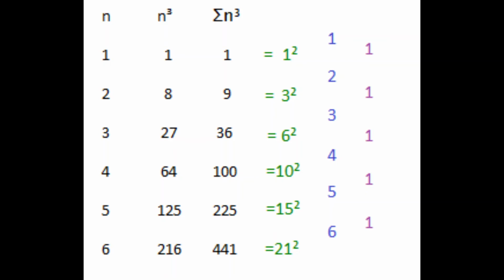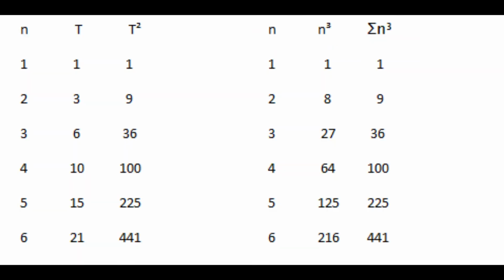So what I found, what other people certainly found way before I did, is that if you take all of the cubes from 1 up to n and you add them together, the result will be some triangle number squared. And it turns out that triangle number is the same triangle number as the highest cube you added.